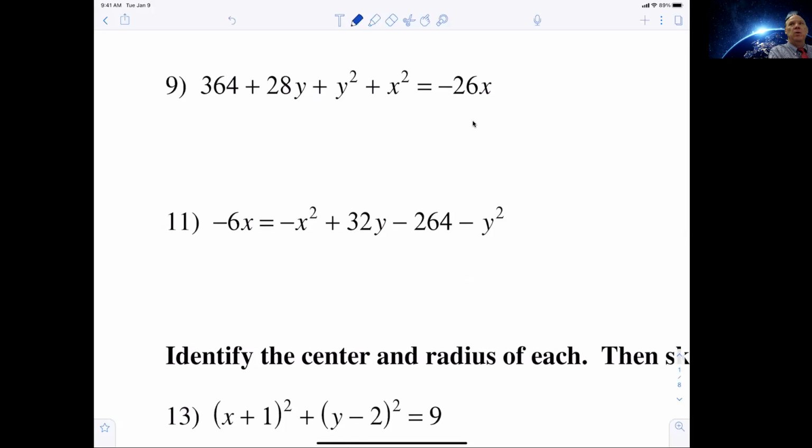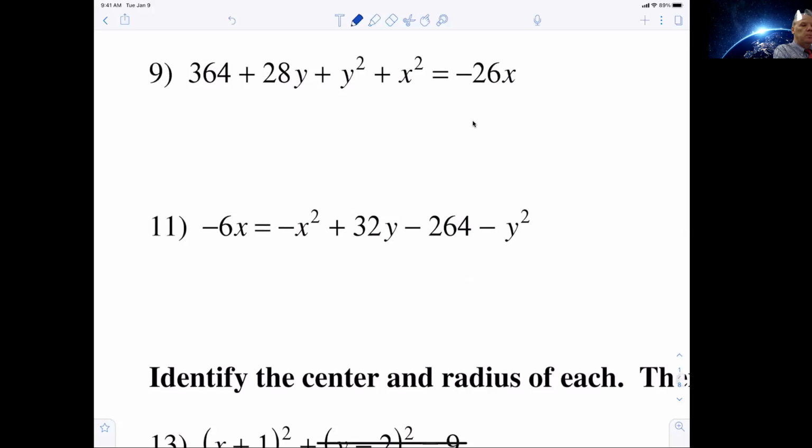Hopefully you'll remember from last year. So we're going to group the x's. The first thing I want everybody to do is write down x squared, and then plus 26x. Now, why did I put plus 26? Yeah, you have to move it to the same side.